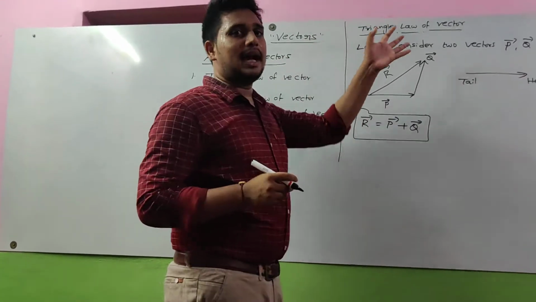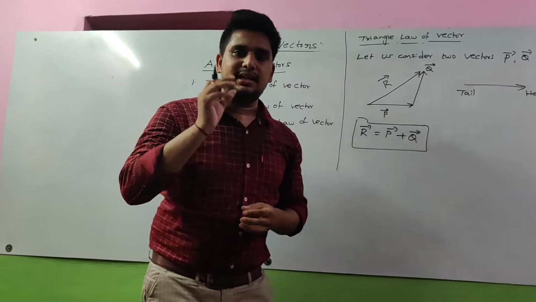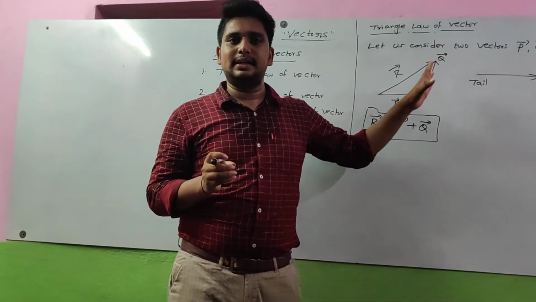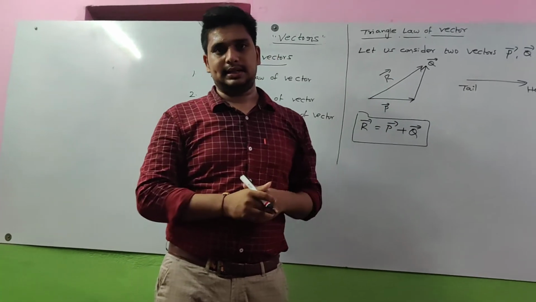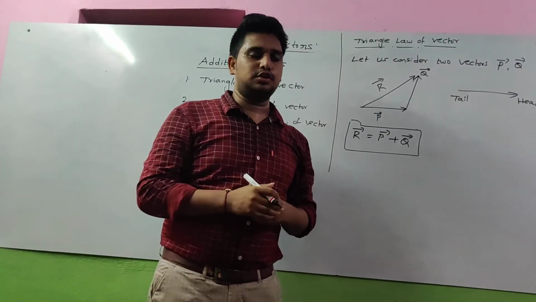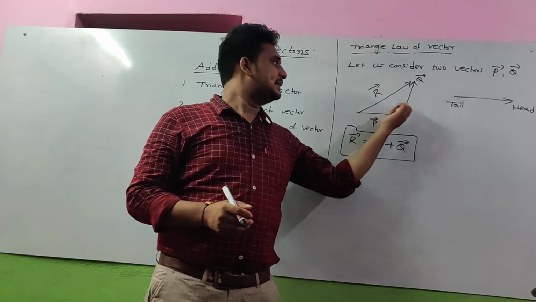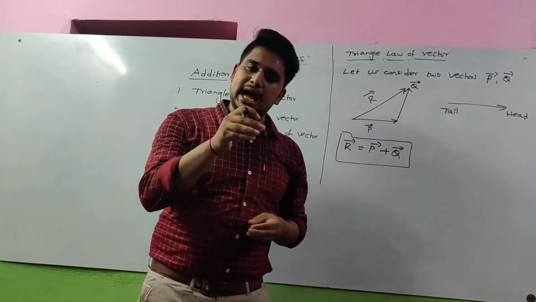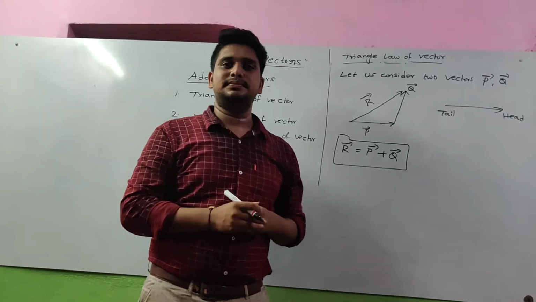So what is meant by triangle law of vector? If you consider any two vectors, for example, here I consider P bar and Q bar vector. P bar and Q bar are two vectors that represent the sides of a triangle, which has both magnitude and direction.